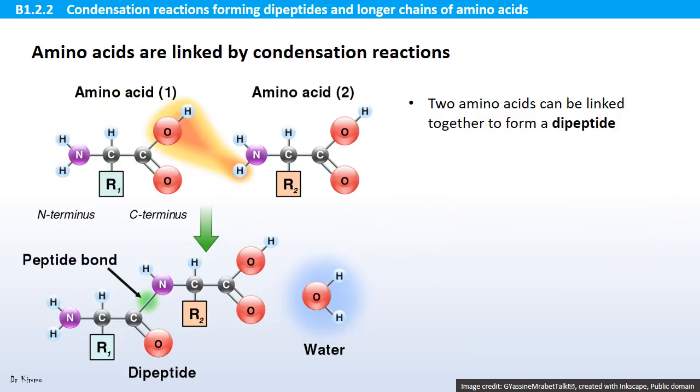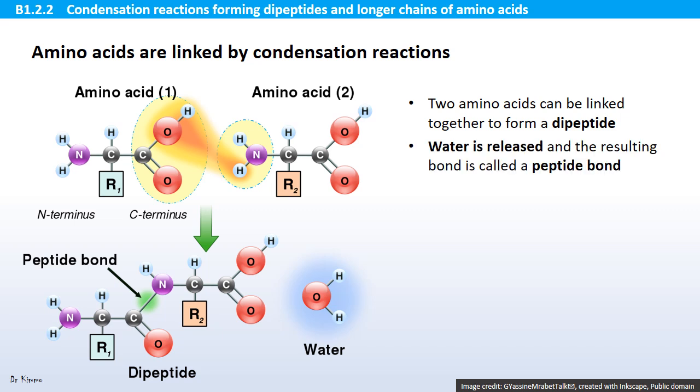Two amino acids can be linked together to form a dipeptide. This is a condensation reaction between a carboxyl group and an amine group. Water is released and the resulting bond is called a peptide bond.